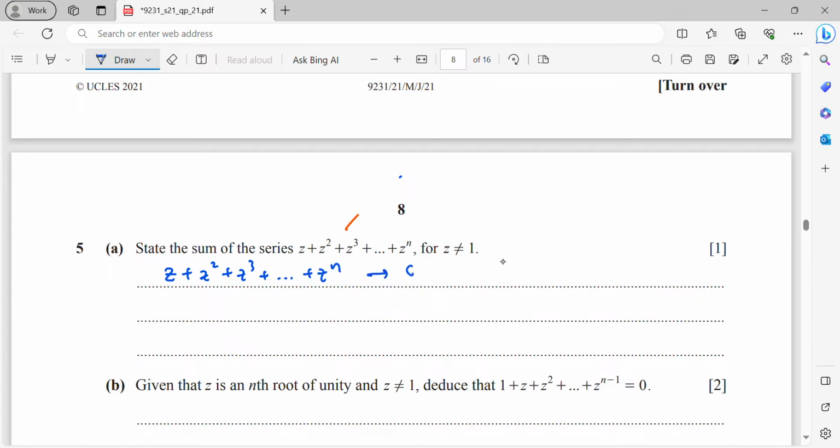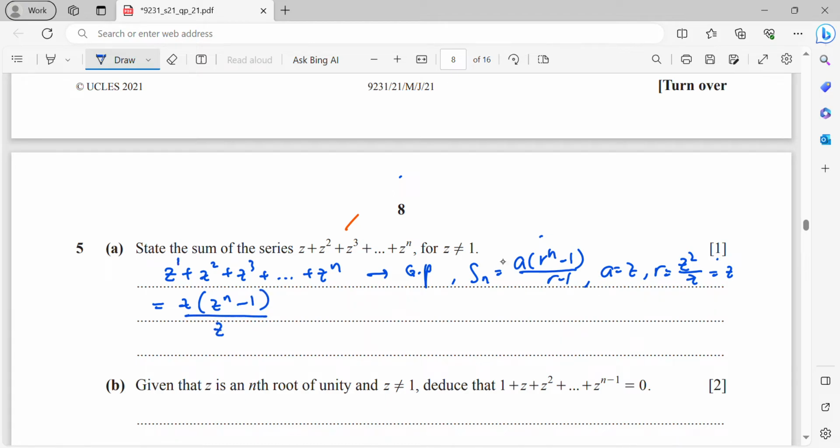This is basically the geometric progression, which is Sn equals to a bracket Rn minus 1 over R minus 1, whereby your a is z, your R is z squared over z, which is also z. So a is z, R is also z, so z power n, because there are n terms here, degree 1 until degree n, then minus 1 over z minus 1.